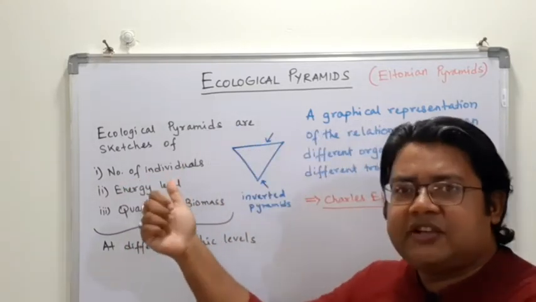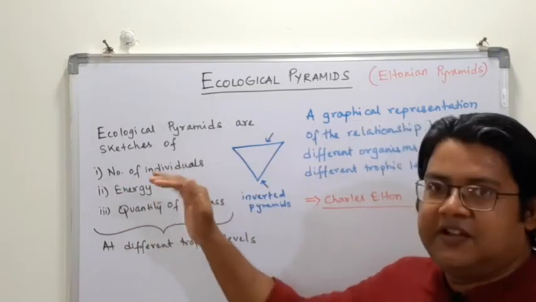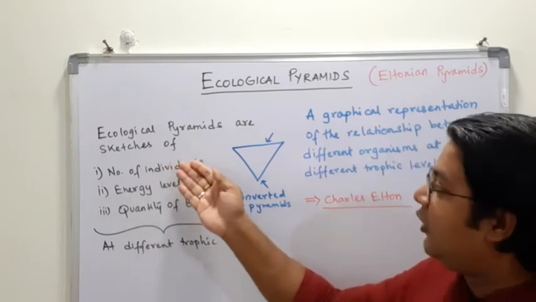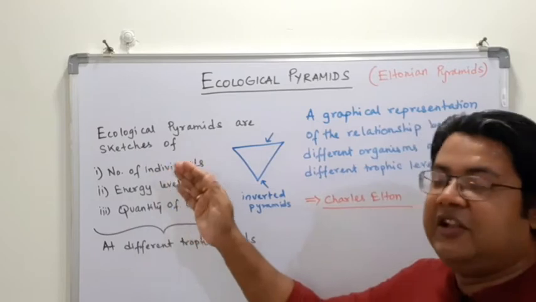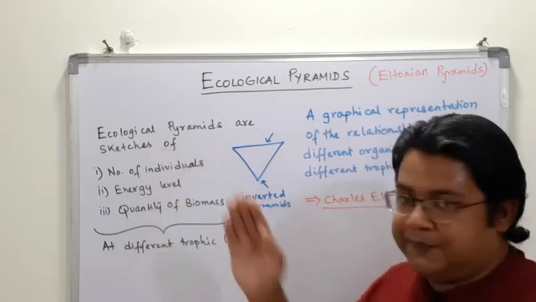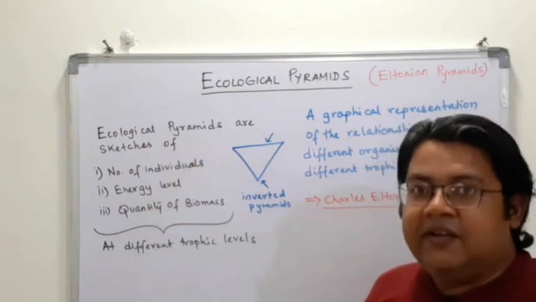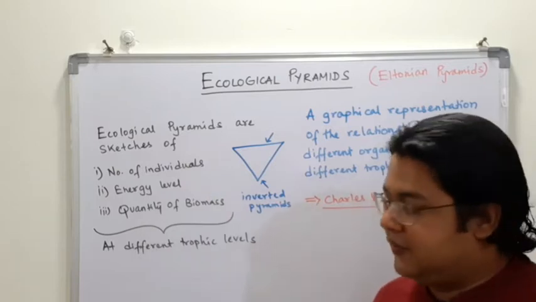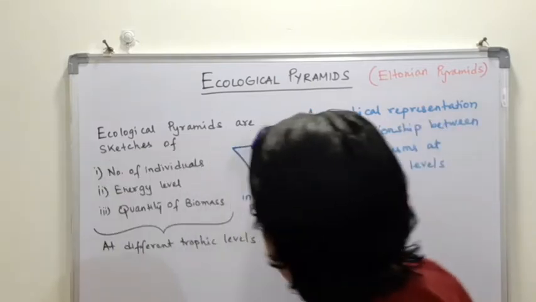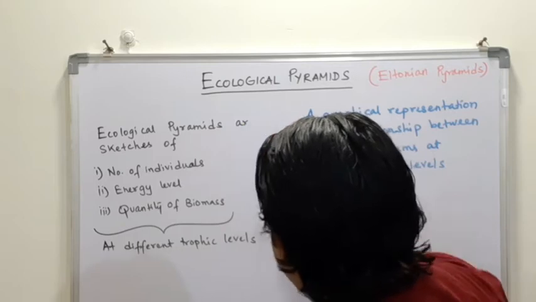So based on which type of concept you are looking at, which type of graphical representation or which type of sketches we want to make, depending on that, there are different types of ecological pyramids. So I'll write it over here.